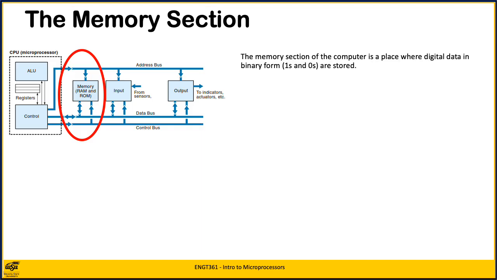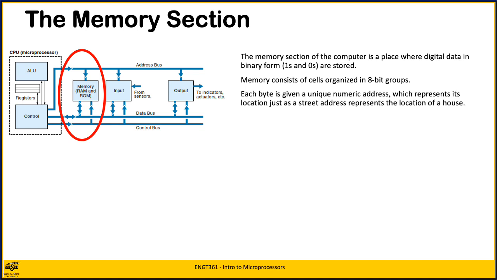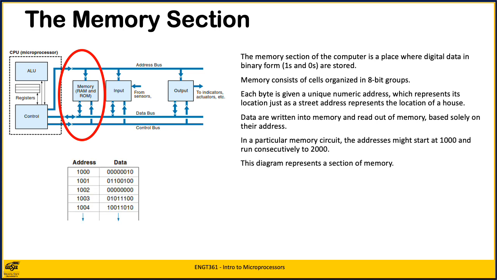The memory section of the computer is a place where digital data in binary form, in ones and zeros, are stored. Memory consists of cells organized in 8-bit groups. Each byte is given a unique numeric address which represents its location, just as a street address represents the location of a house. Data are written into memory and read out of memory based solely on their address.